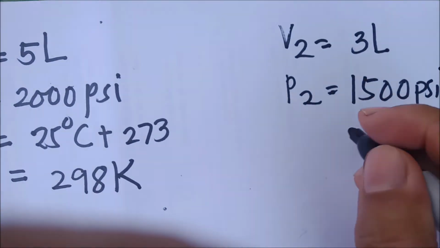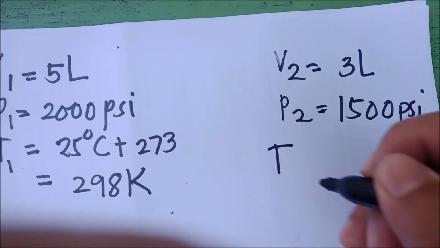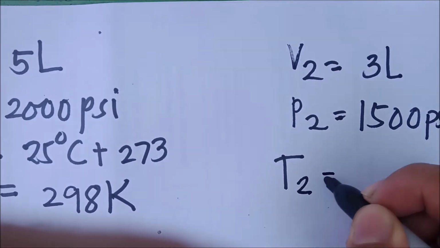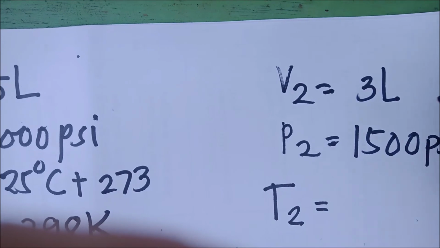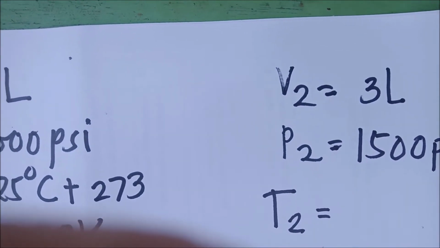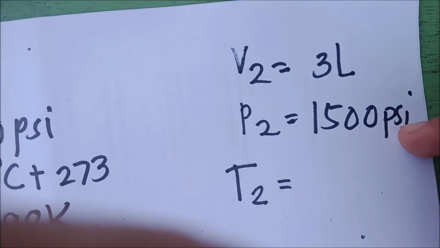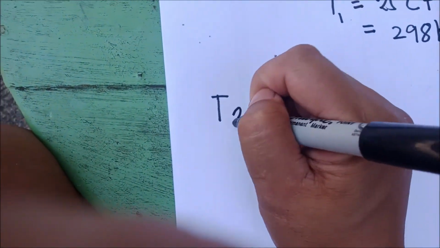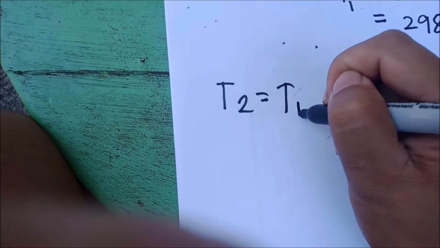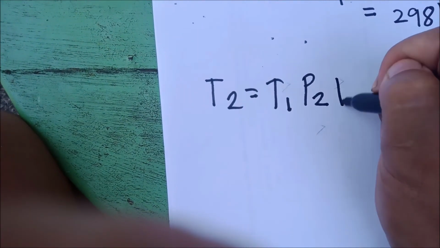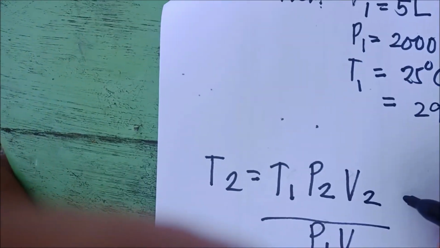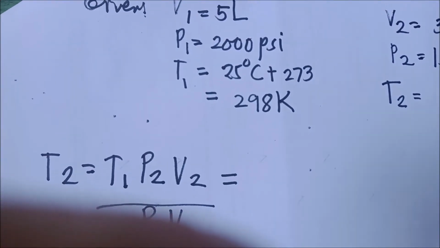Now we need to look for the temperature of that oxygen gas in the tank that will satisfy the conditions of this volume and this pressure. So obviously our formula for finding T2 will be T1 P2 V2 over P1 V1. So let's substitute the values.